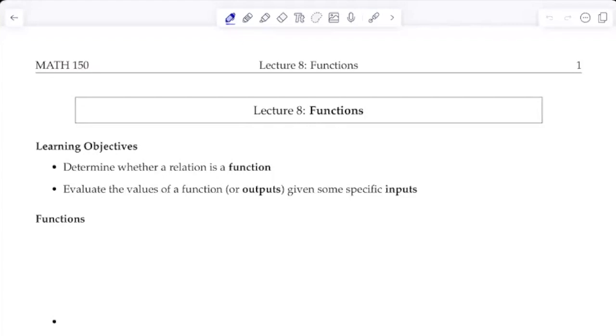So a function is a relation between two values we usually call x and y, with some special property.